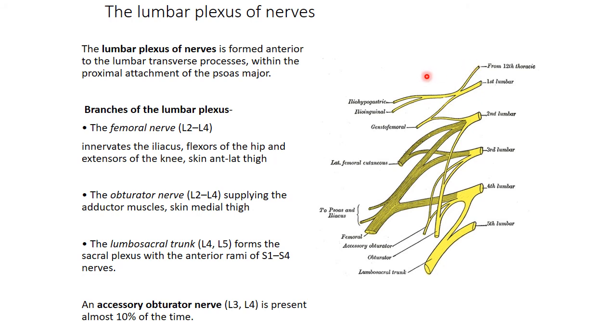The branches of the lumbar plexus: first we'll talk about the bigger major nerves formed by it. First is the femoral nerve. This is the femoral nerve, which is formed by the union of the dorsal divisions of the second, third and fourth lumbar nerves. Whereas the second to fourth ventral divisions will form the obturator nerve.